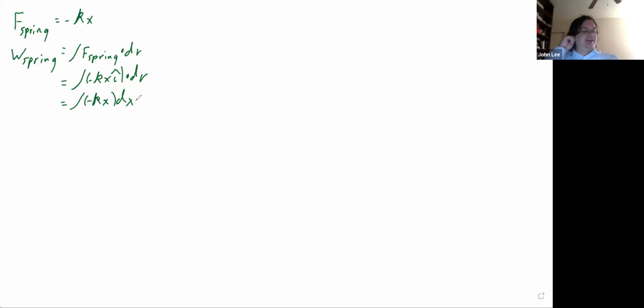So if that's the case, then work on the spring is equal to negative k times x squared over 2 from A to B, which equals negative k over 2 times (xb squared minus xa squared).